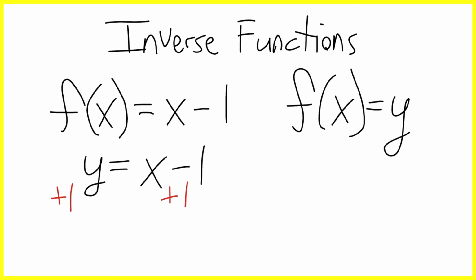So now I end up with y plus 1 is equal to x. Like we were talking about before, the inverse of subtracting 1 would be to add 1. So we're saying if we take our output values and we add 1 to our output values, we get back to whatever input value we started with.